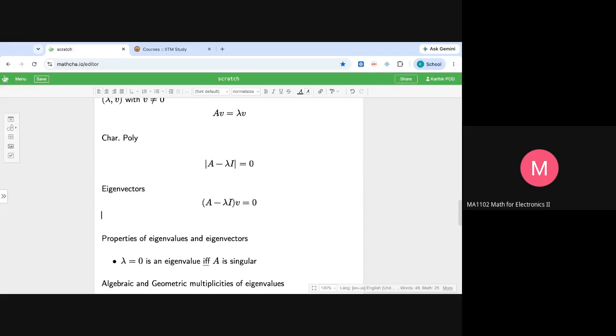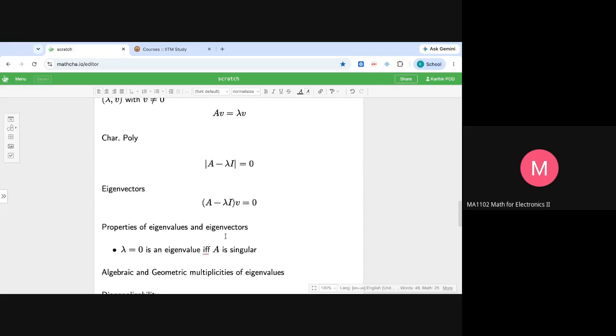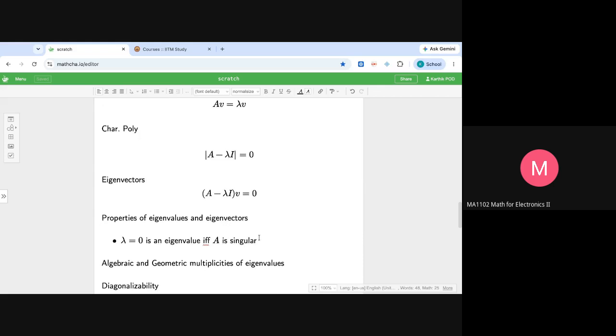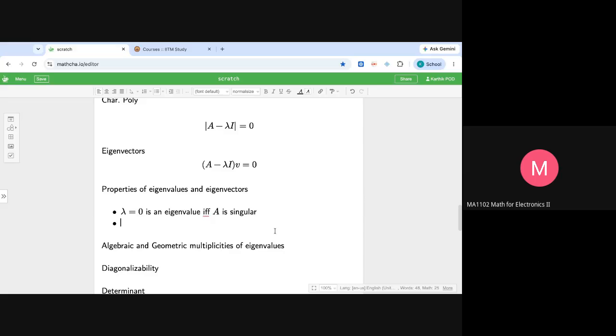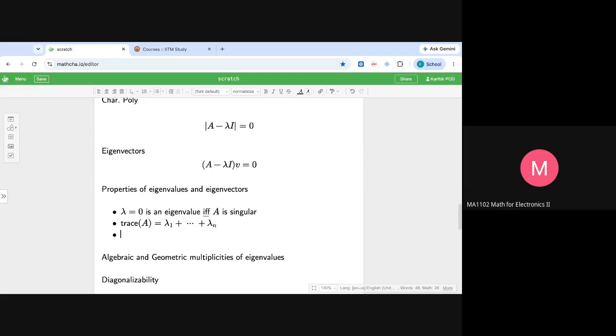So I think the rest of it we could easily call properties. One thing that we saw is singularity. The other one, which is very common, is of course that the trace of A is the sum of the eigenvalues, and the determinant is the product.